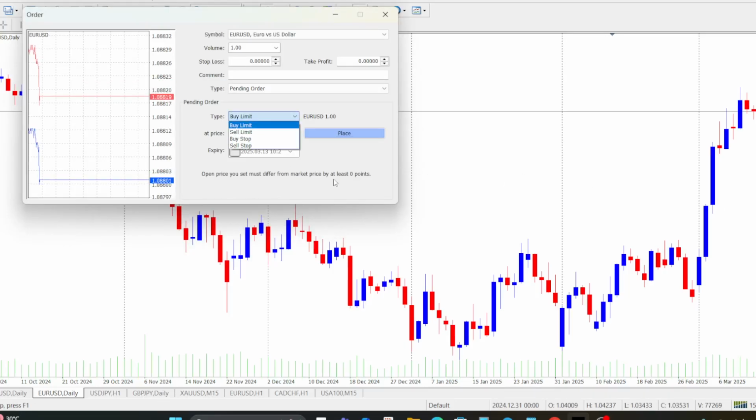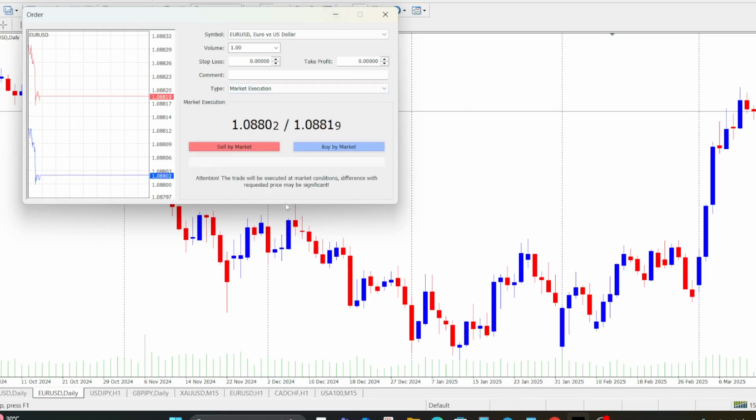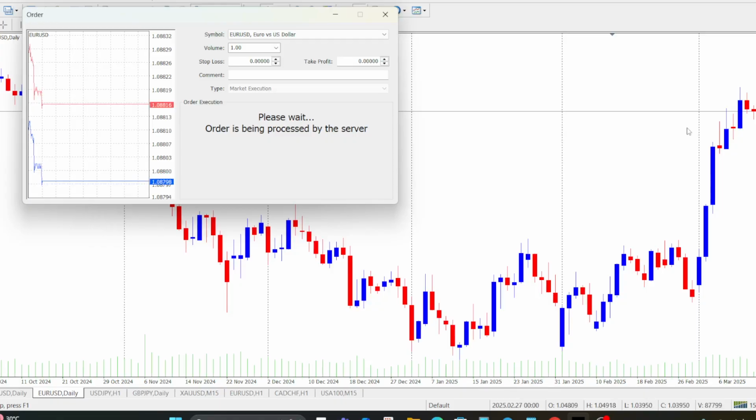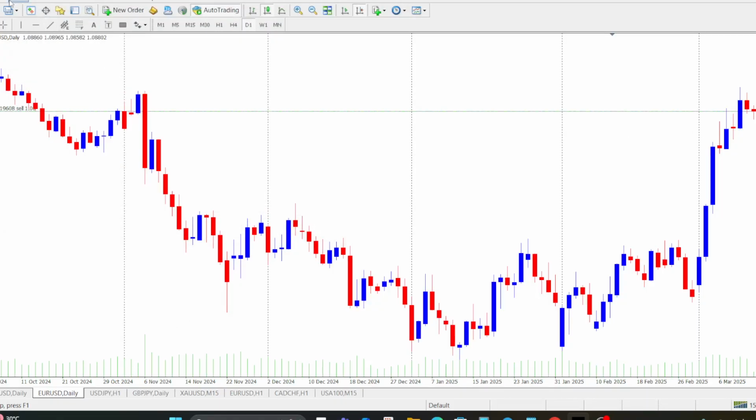Let's just start with a buy limit. A buy limit order is placed below the current price. Let's do a very practical example. When you want to use a market order, or market execution, if you click on sell, it's going to sell immediately. You can see the trade has been executed.